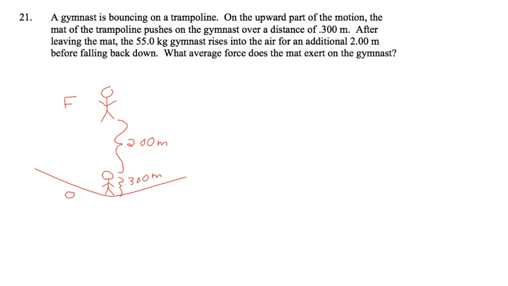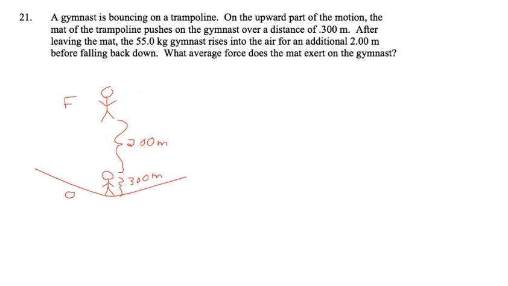What average force does the mat exert on the gymnast? We know that when the person is at this location, all of that energy will be potential energy, and that energy was generated during the first 0.300 meters.